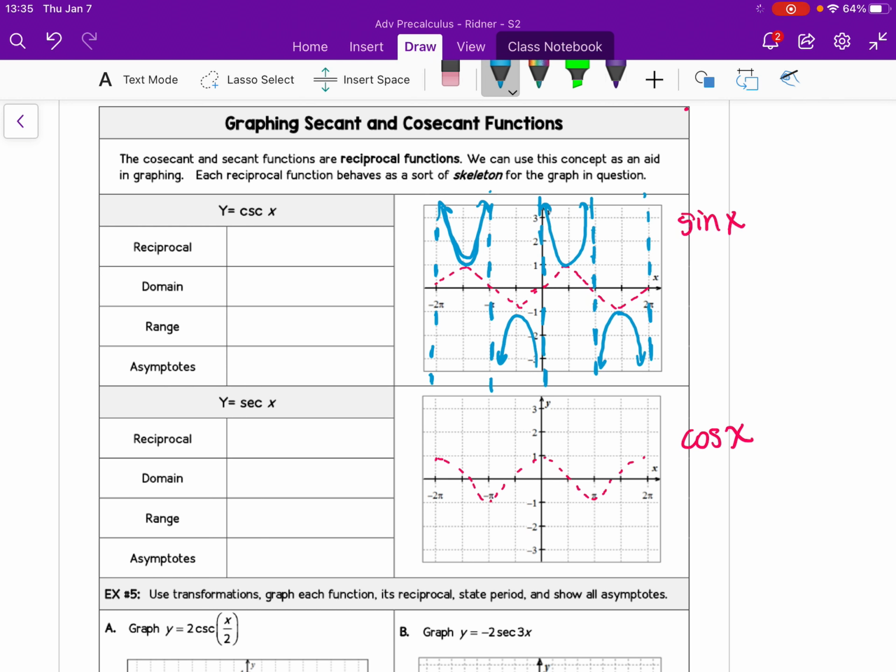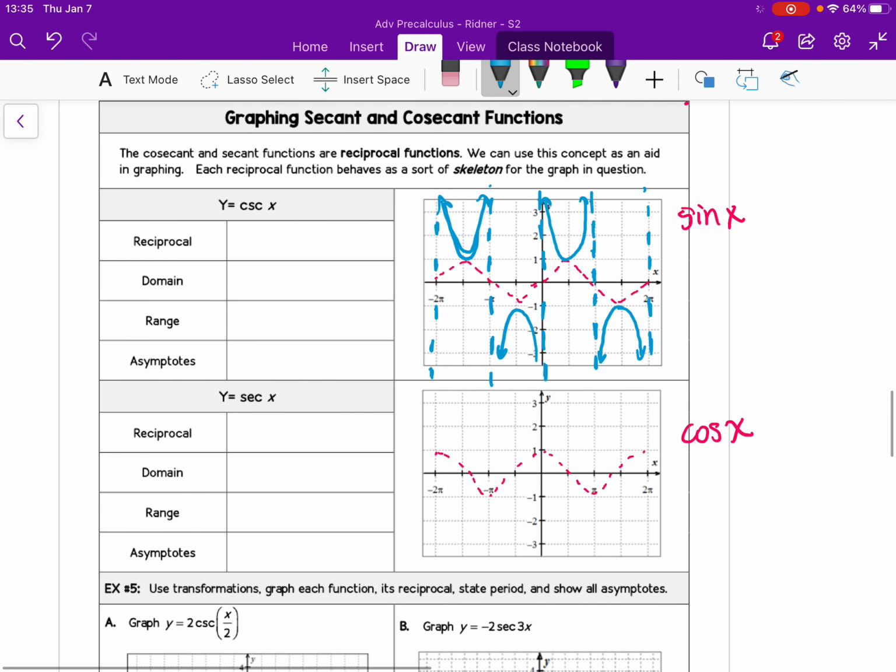Same thing for secant, the reciprocal of cosine. Where is it undefined? That's at pi over 2 and 3 pi over 2. Again, where the cosine function crosses the x-axis becomes an asymptote.